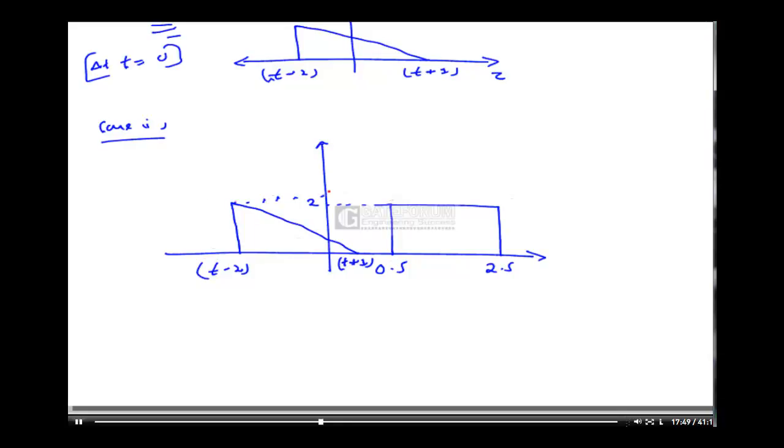This amplitude is 3. Amplitude is not a very important thing; amplitude matters only when it's multiplied, but the limits of time are very important. Okay, so we got expression something like this.